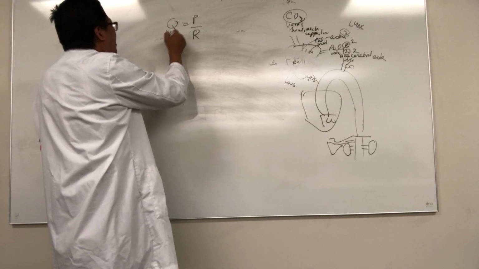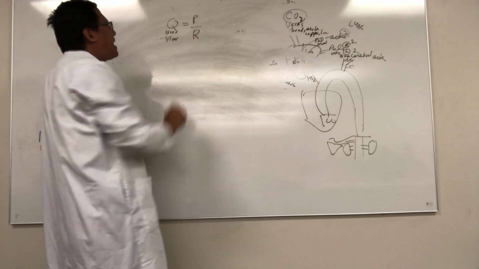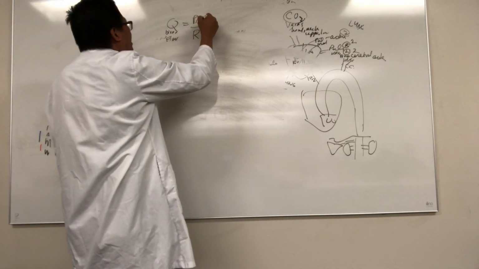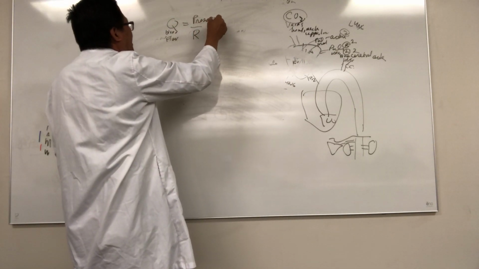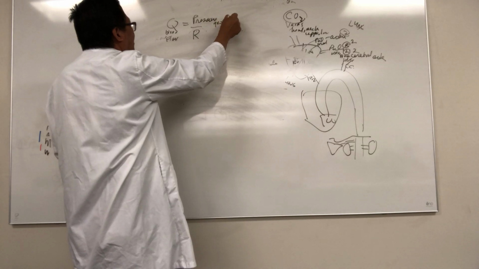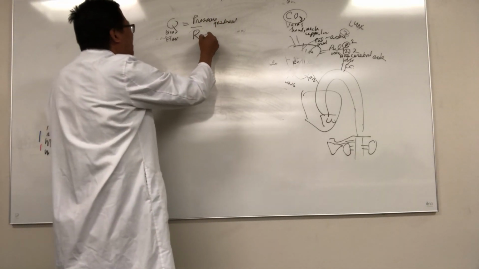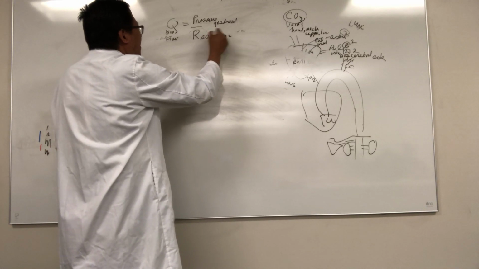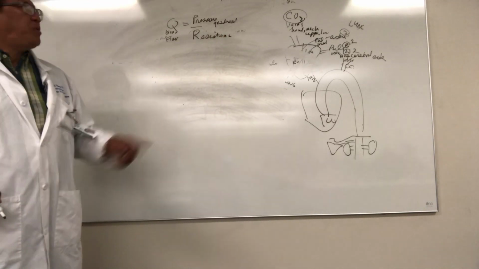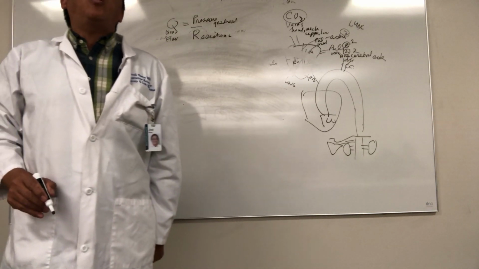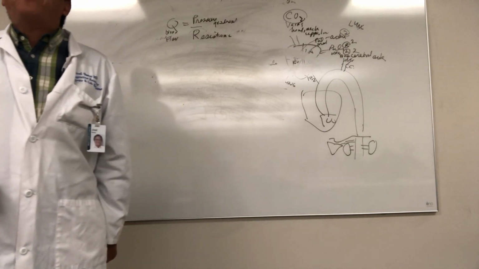Blood flow. And what is P? Pressure. Pressure what? Pressure gradient or difference. And what about R? Resistance. What is the relationship between flow and resistance? Directly proportional or inverse? Inverse, very good.